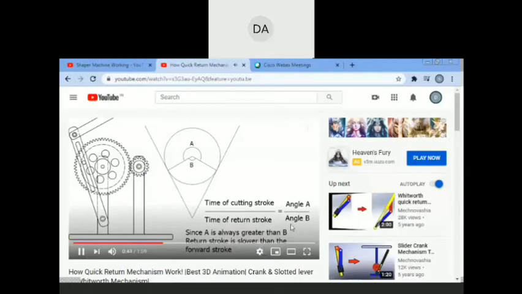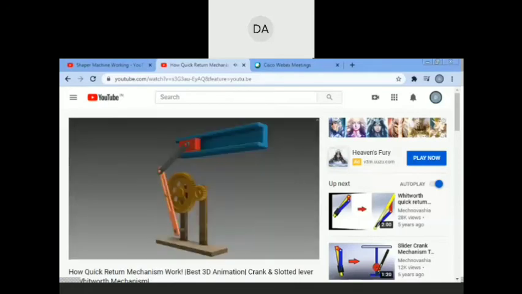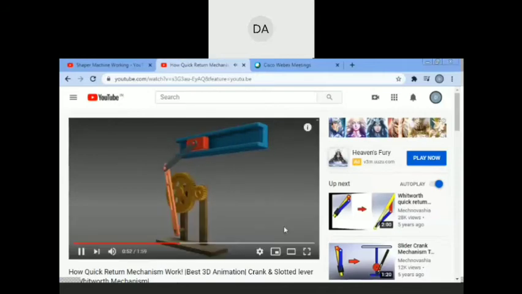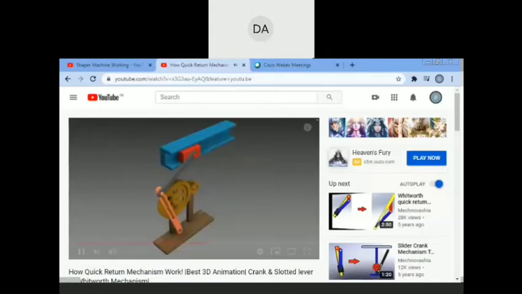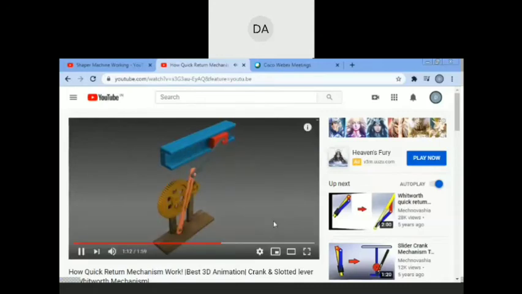This is why it is called the quick return mechanism. This is why the cutting stroke is slower than the return stroke.